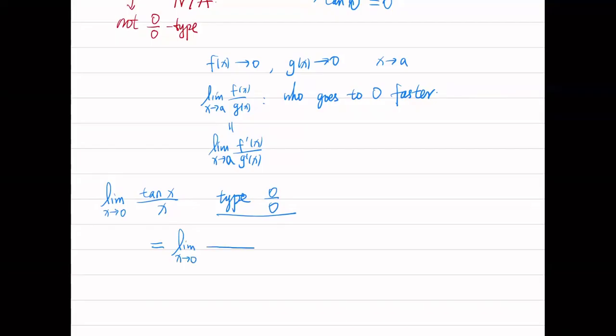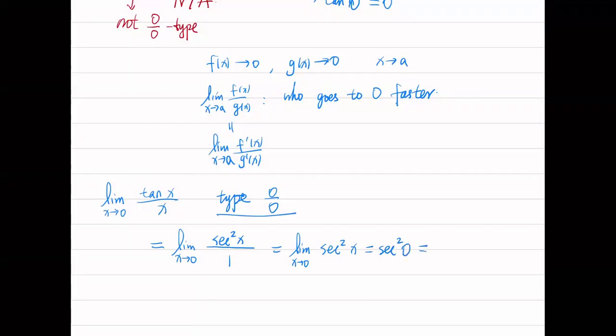Now we need to think. Derivative of tangent x. Do you remember that one? Secant squared x. And derivative of x, we all know is 1. So now it's limit of x goes to 0 of secant squared x.